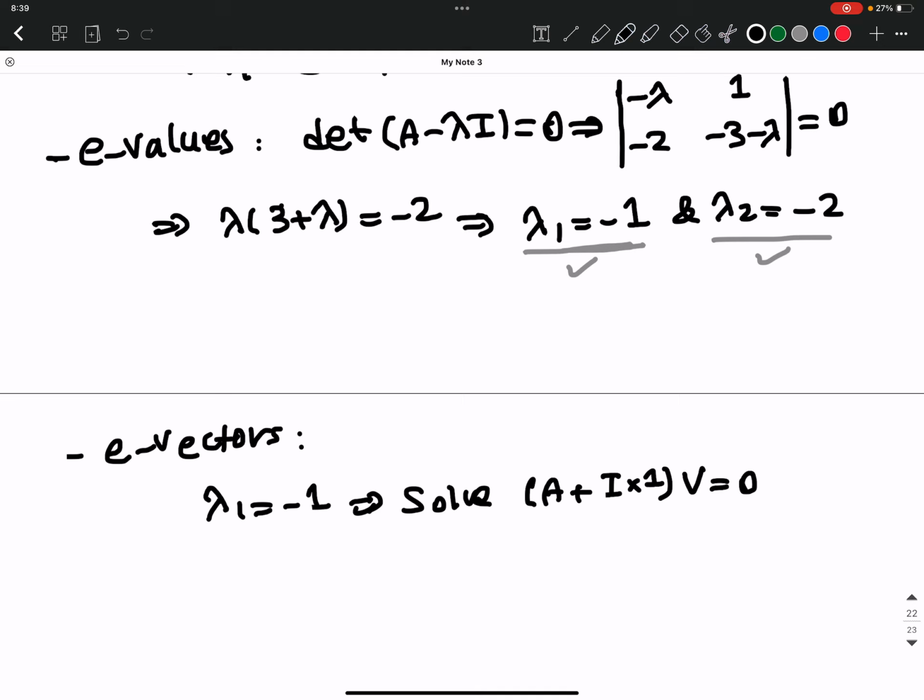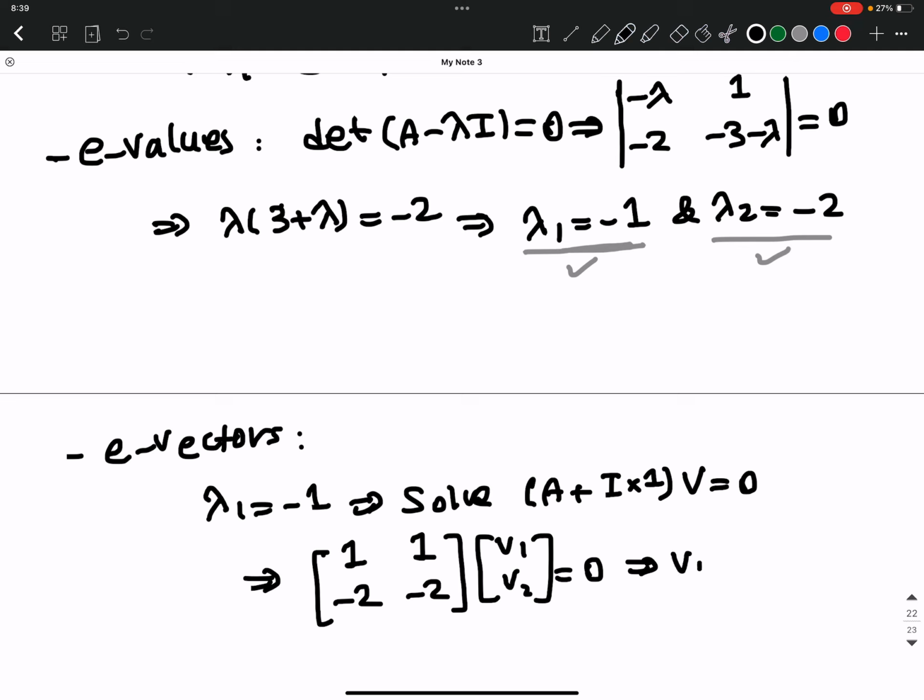Basically bring that lambda 1 to the left hand side, and here my lambda is minus 1, so it becomes a positive value. So then I get the matrix 1 1, minus 2 minus 2, times V1 V2 equals 0. This gives me V1 equals minus V2.